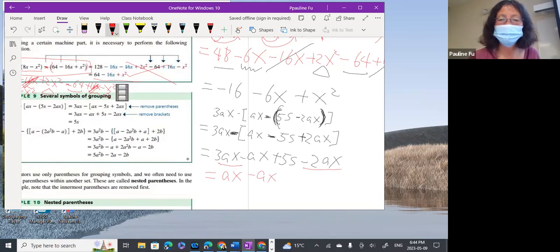Oh, there is another ax here. Yeah, so this is also ax. They cancel out. So it is just 5x. So 3ax minus ax, 2ax minus 2ax, 0. So these three items cancel out.